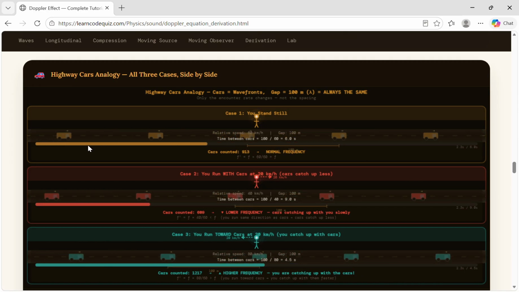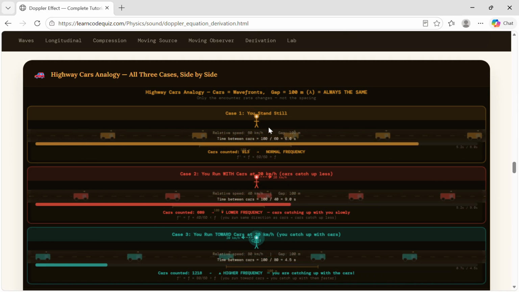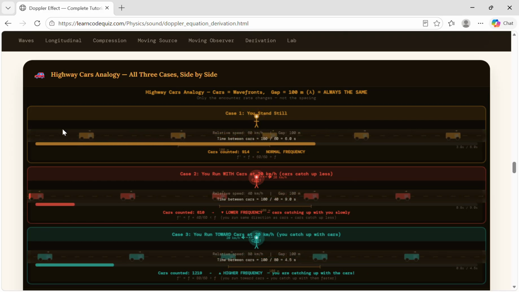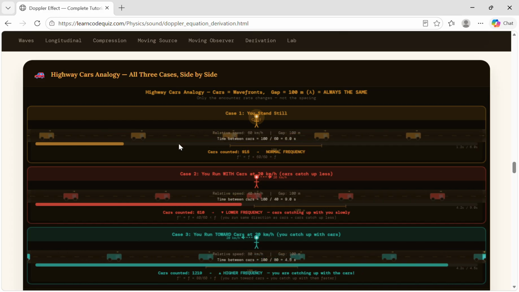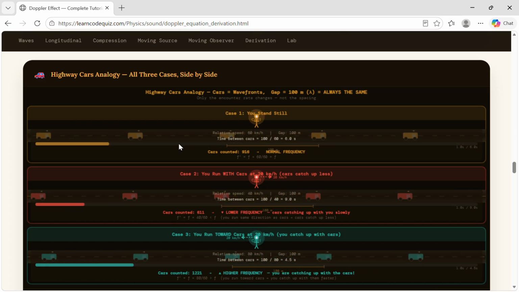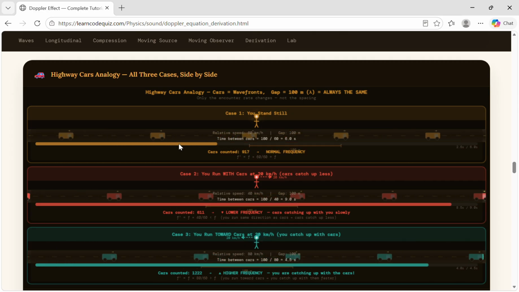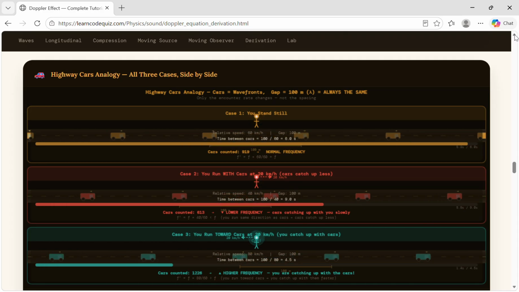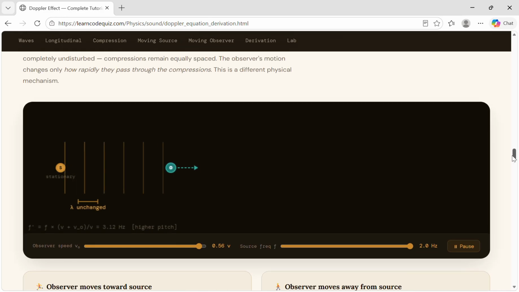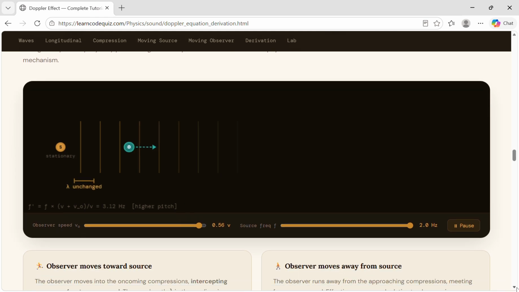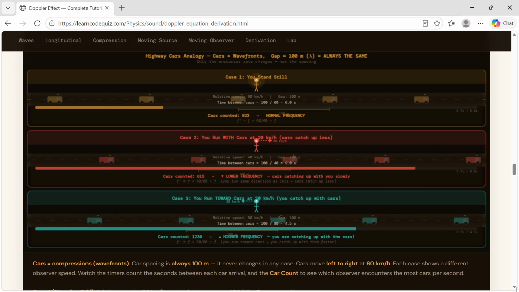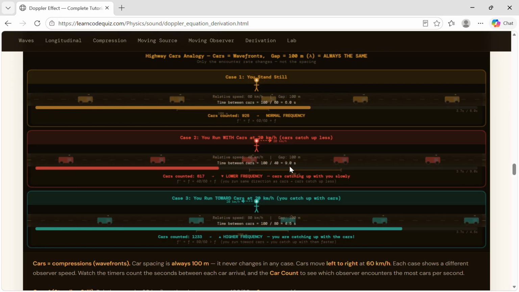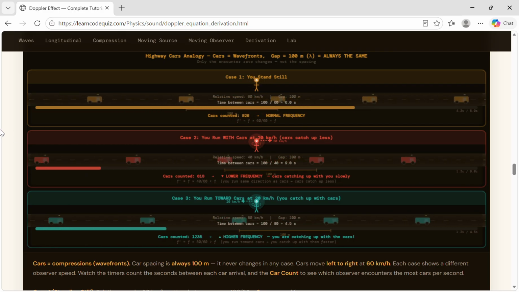When you are the observer, you are just standing there, and let's say the distance between the cars is the wavelength, then that wavelength is the same. But if you are moving towards the cars, towards the direction of the source, right?